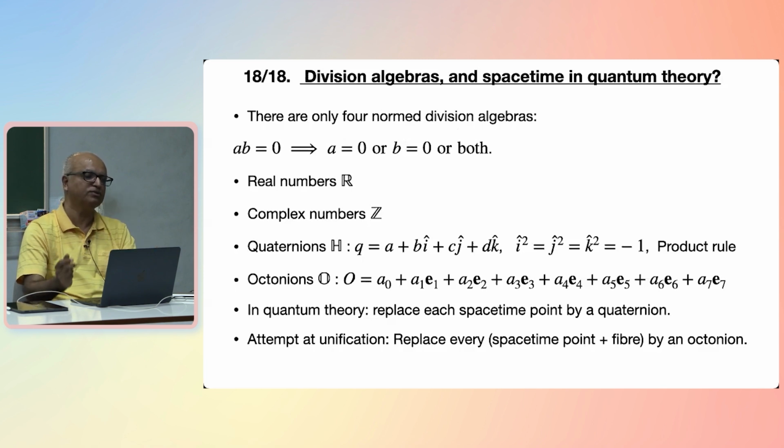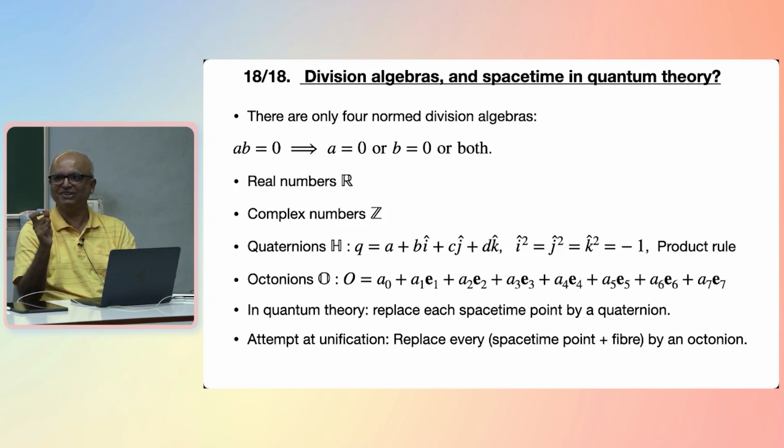But there are number systems where you multiply two non-zero things and you will get 0. Those are not division algebras, because then division is not defined. So, a division algebra has the standard rules of numbers: addition, subtraction, multiplication, but division may or may not be possible, because if you are dividing by AB, you want AB to be non-zero.